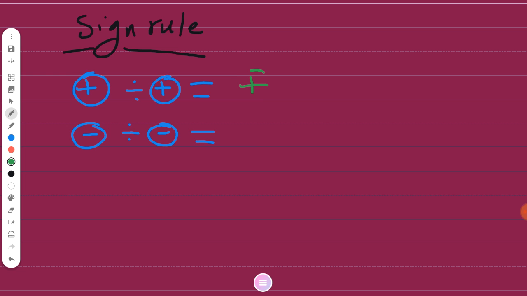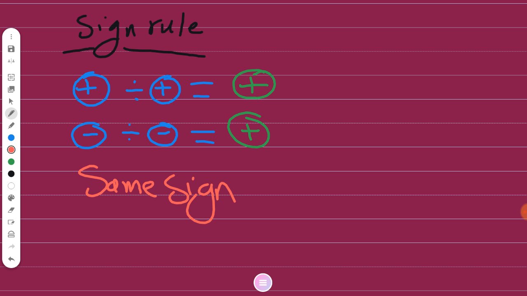In positive sign. So the same sign gives us positive sign. Positive divided by positive, the result will be positive. Negative divided by negative, the result should also be positive.